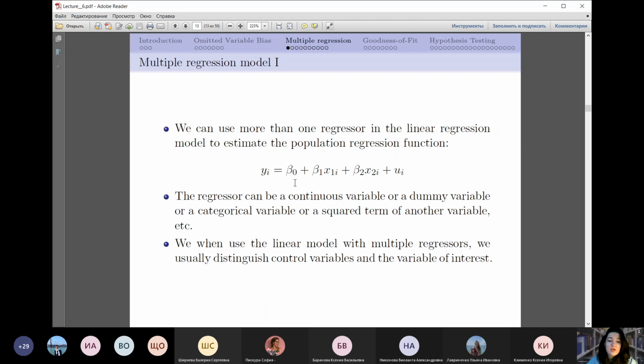So in the general case, when you have two independent variables, x1 and x2, the model looks like this. You can see that the notation of the model is very similar to the simple regression case, yeah? They look the same.